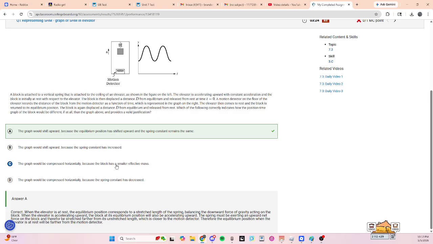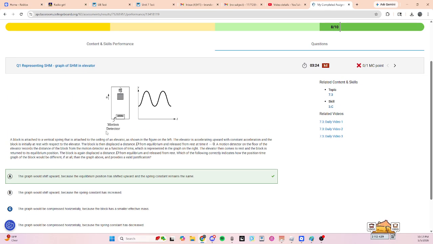I think that's what it is. So if you remove the extra force, the spring won't stretch as far, so that's why it goes up.